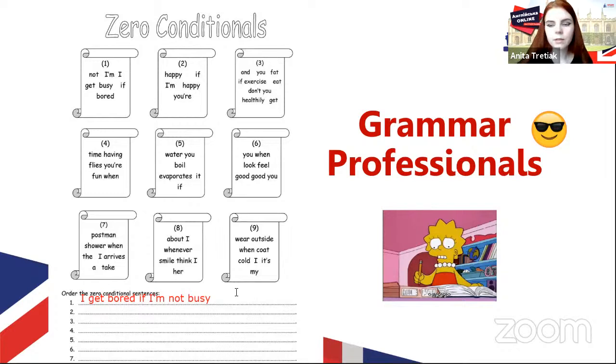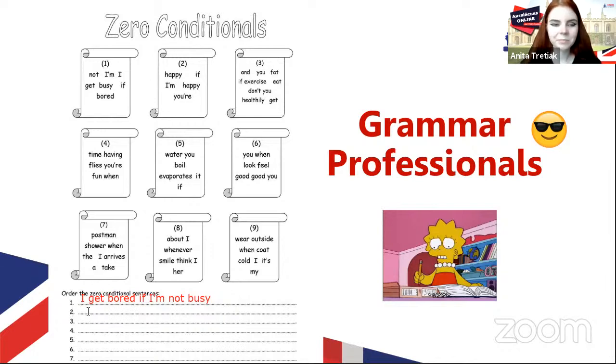Number 2, let's write this one. Happy if I'm happy you're. I can already see one person writing this one. So Veronica is saying, if you're happy, I'm happy. That's correct. But Veronica, do we need a comma in this case? Or I'm happy if you're happy.